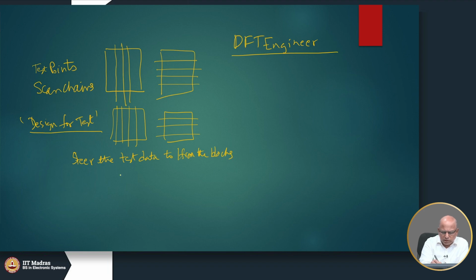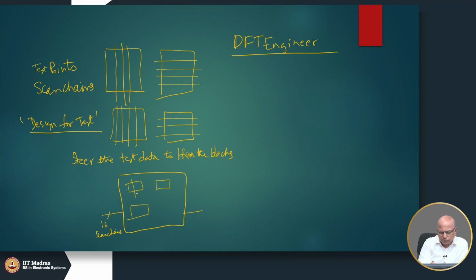So, at the top level, you may have made room for maybe 16 scan chains, right, 16 scan ins and 16 scan outs, and the blocks may or may not have that many. Okay, some of them may have more.